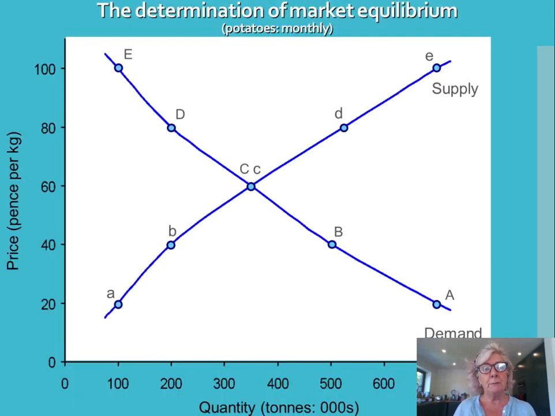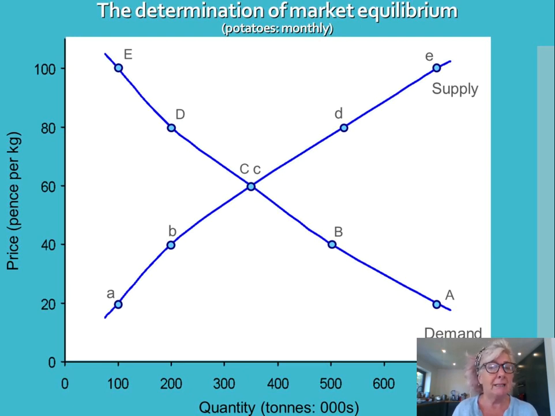So we've put supply and demand together here, and the first thing we notice is that these two curves cross. They cross at point C, don't they? At point C, if we read down the graph, we can see that 350,000 tonnes of potatoes are being both supplied and demanded.